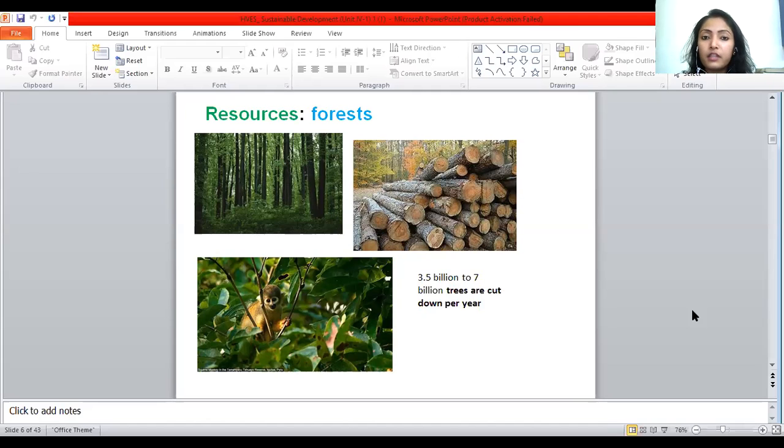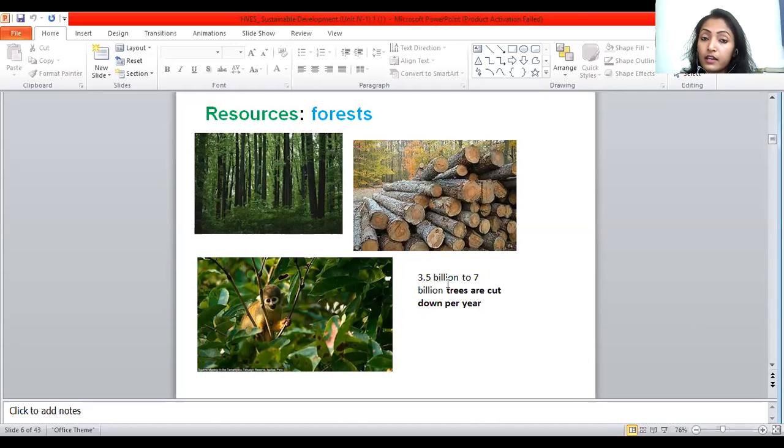Because we can live in a house, we can have furniture, but until we have pure air, what will we breathe? So we all understand the importance of trees, but still in 2017, a survey was done and it was found that 3.5 billion to 7 billion trees are cut down per year.